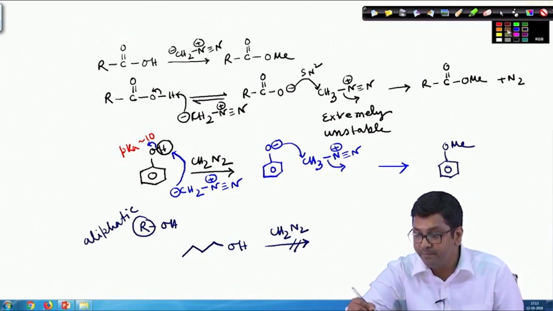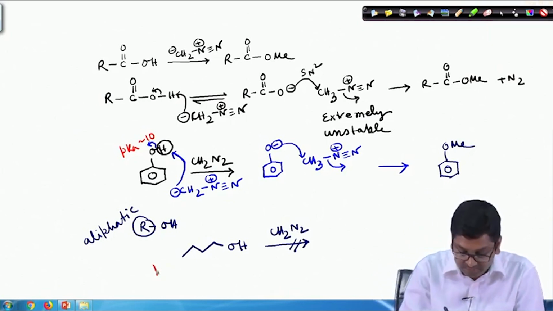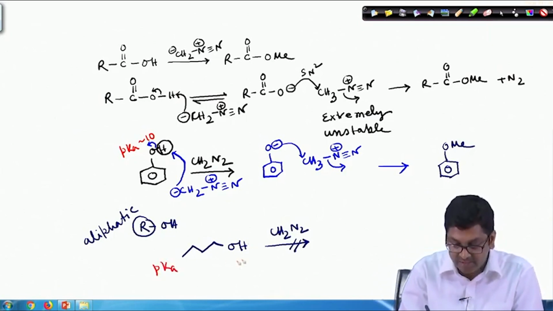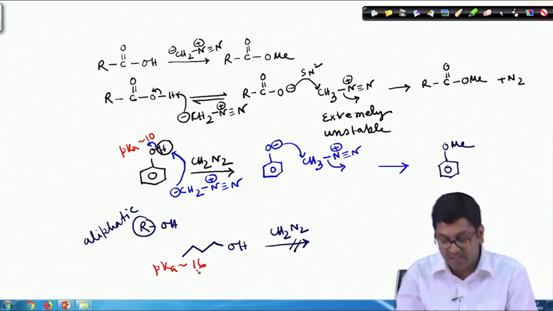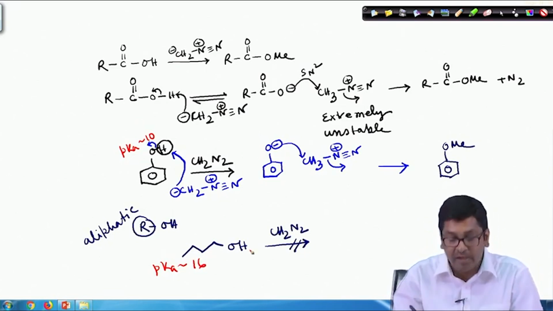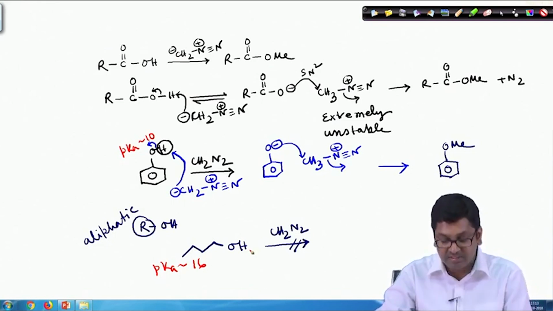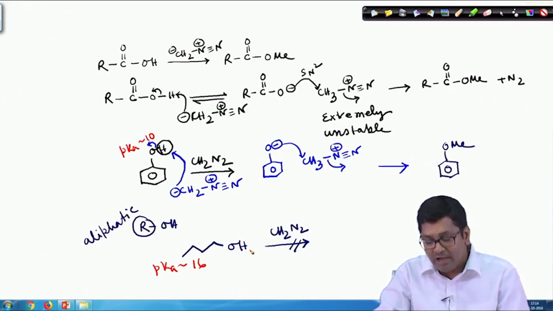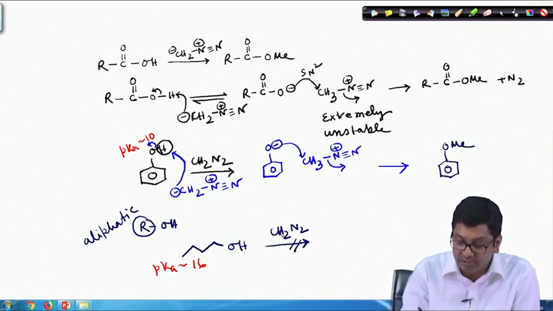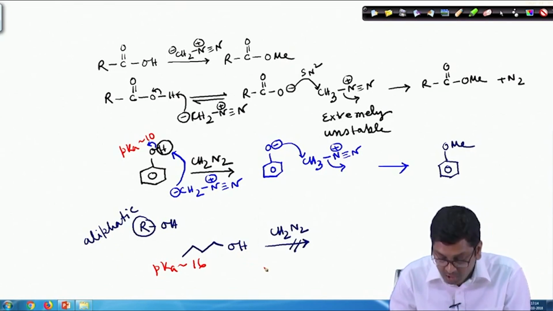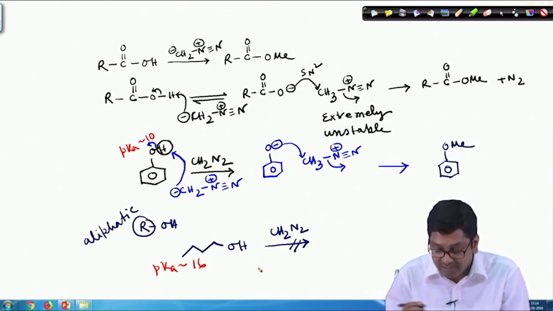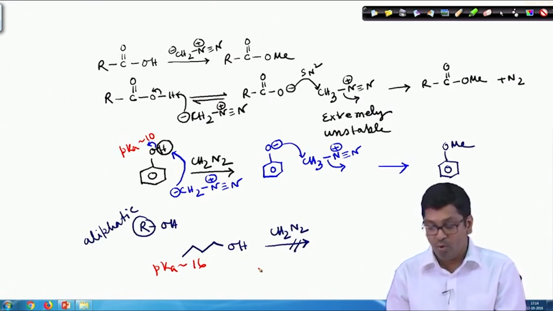The reason is very simple: the pKa of this hydrogen is around 16. All these aliphatic alcohols are around 16 approximately, and this is not acidic enough for diazomethane to pick up that proton to give the corresponding anion. So, when it is an aliphatic alcohol, these reactions will not work.